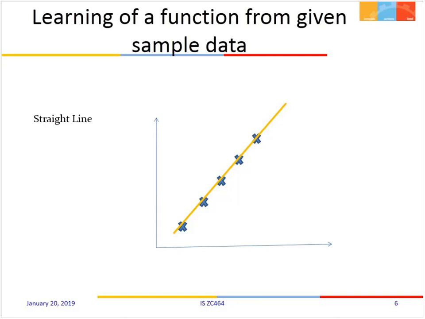You know the equation of line? It is y equals mx plus c, right? All of you must have studied it in your school, where m is the slope and c is the intercept on the y-axis, right?